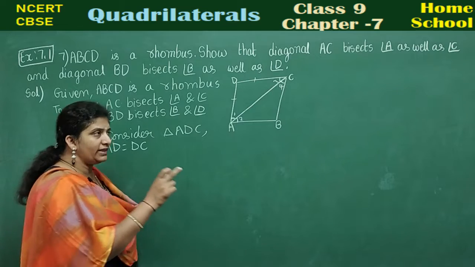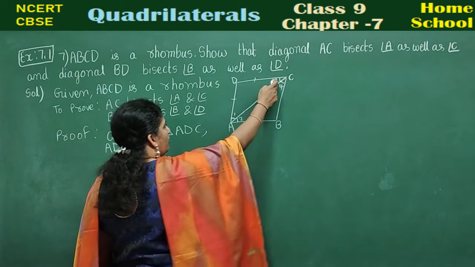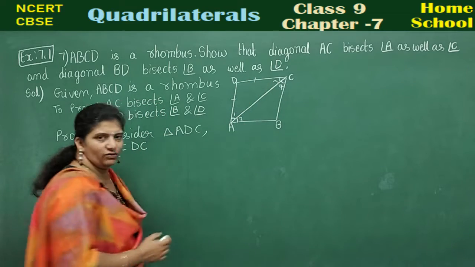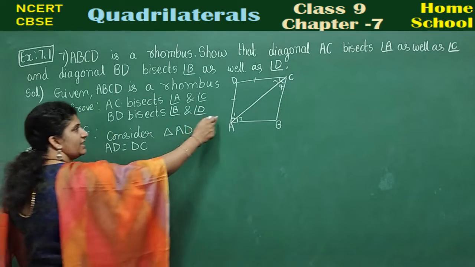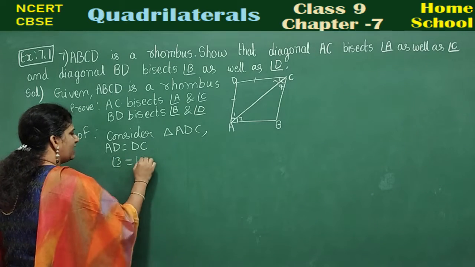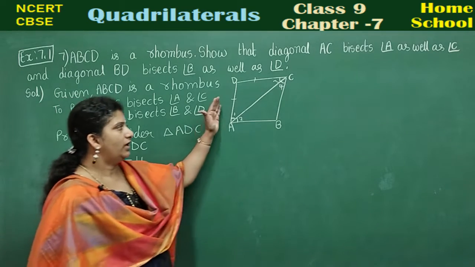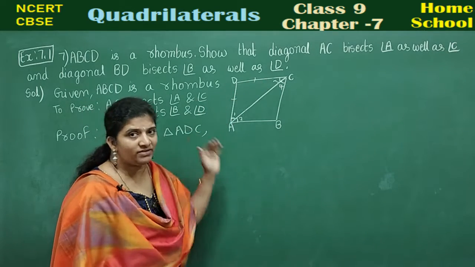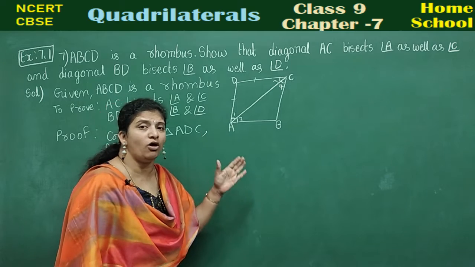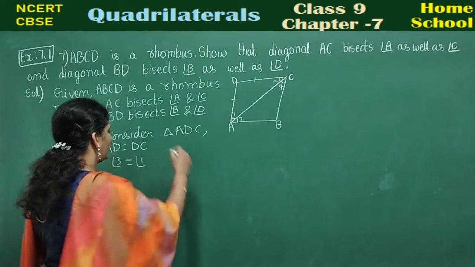So according to that point, this side's opposite angle is angle 3 and this side's opposite angle is angle 1. AD's opposite angle is angle 3. DC's opposite angle is angle 1. AD equal to DC, in a rhombus adjacent sides equal. If adjacent sides are equal, their opposite angles will be equal.